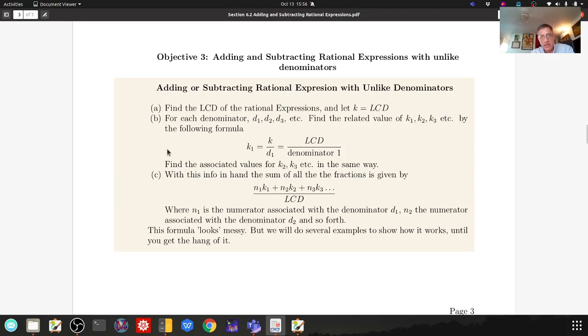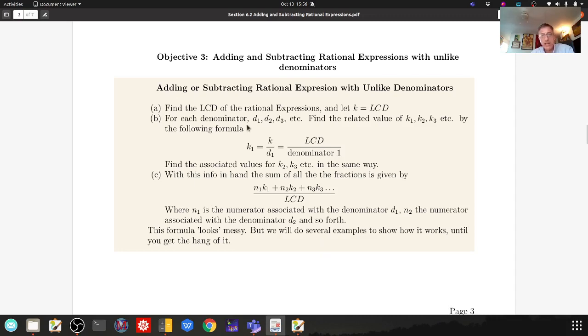This looks really nasty. And you explain, and you explain, and you explain, and students still don't get it. So I literally wrote up this algorithm. Find the LCD first. Let K be our LCD.